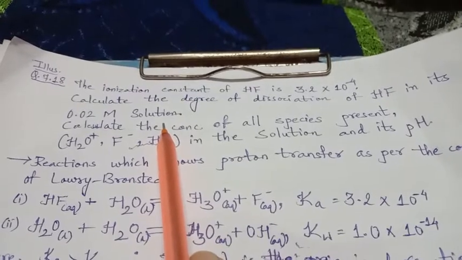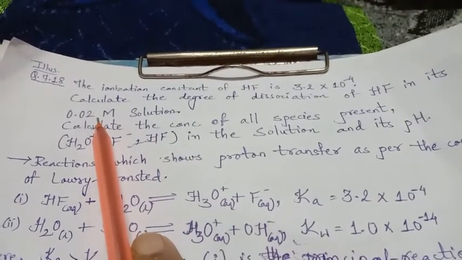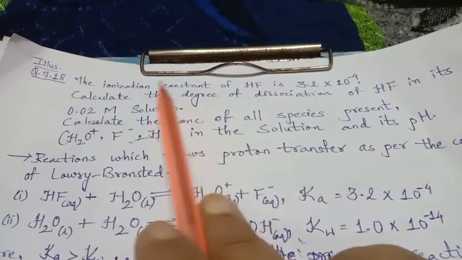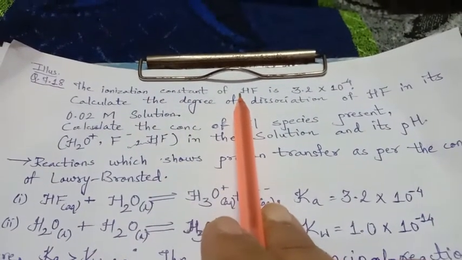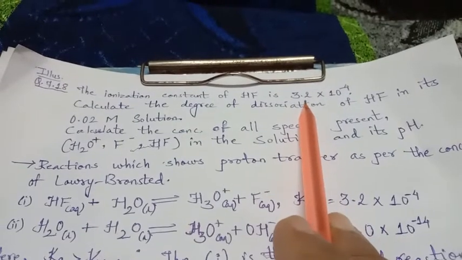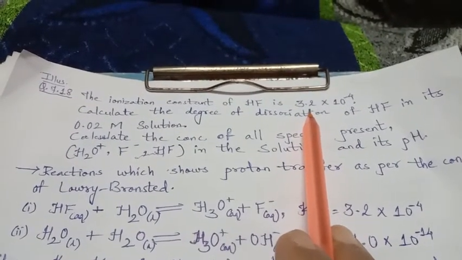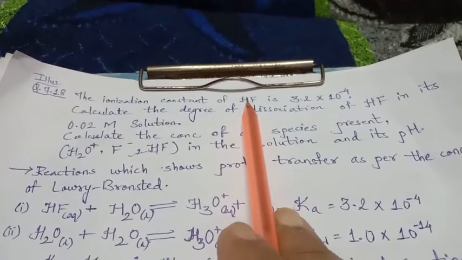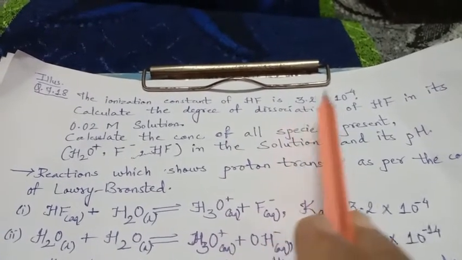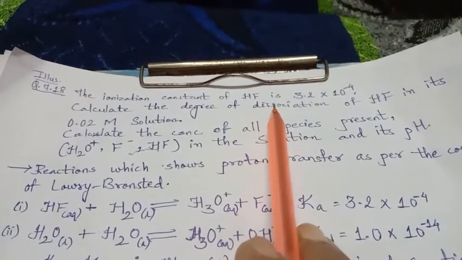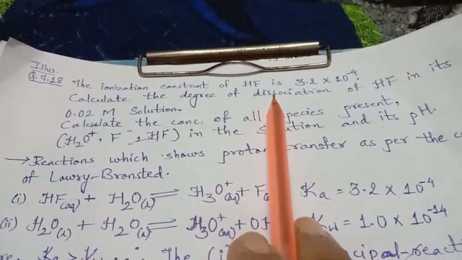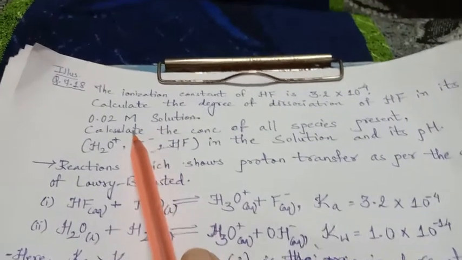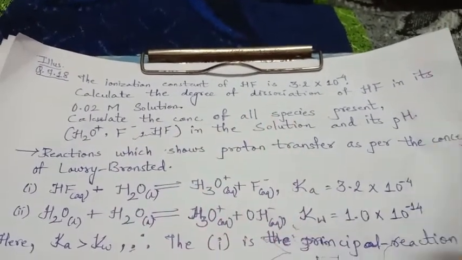Now from this you can find out the concentration is given, 0.02 molar, as well as the ionization constant of HF is given, that is Ka, a weak acid, 3.2. Why weak acid? Because H is present. So 3.2 into 10 to minus 4 is your Ka, the dissociation constant for the weak acid. Concentration is already given.